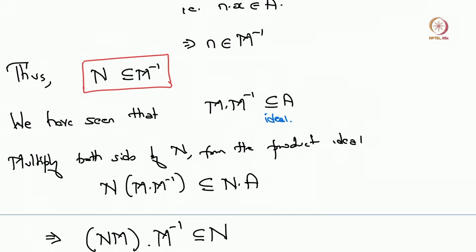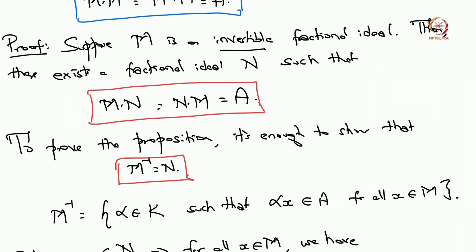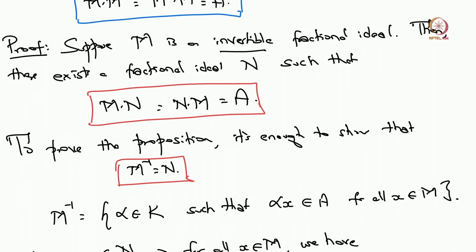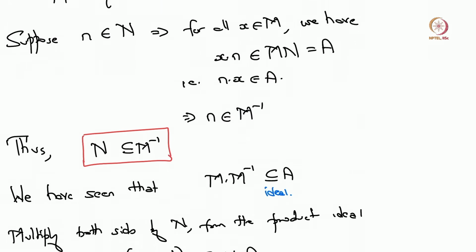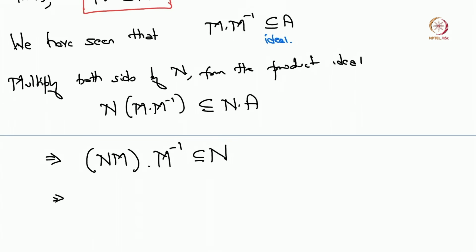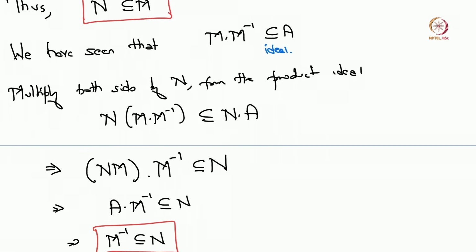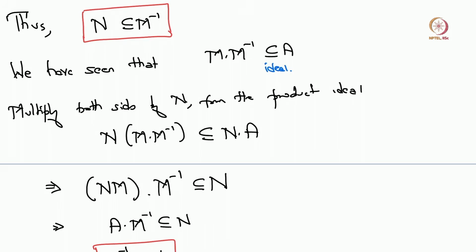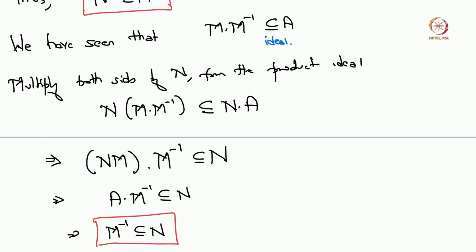But our hypothesis is that M is an invertible fractional ideal and n times M equals A. So if we use this hypothesis that n times M equals A, we get that A times M inverse sits inside n, and so this means that M inverse sits inside n. So we get the reverse inclusion as well. We have n sits inside M inverse and M inverse sits inside n.